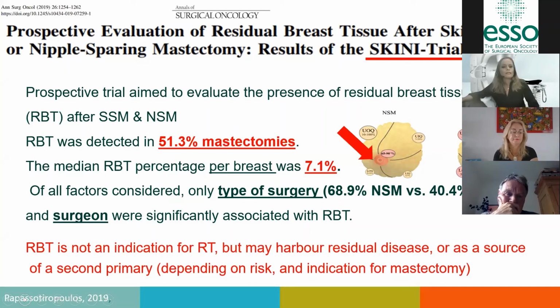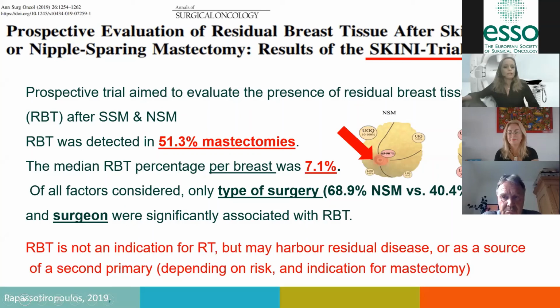And this was 7.1% of the breast tissue itself when they evaluated. Of all the factors that were considered, only the surgery type, nipple sparing, had significantly more residual glandular tissue compared to skin sparing mastectomy, and the surgeon expertise were significant for the amount of glandular tissue left behind.